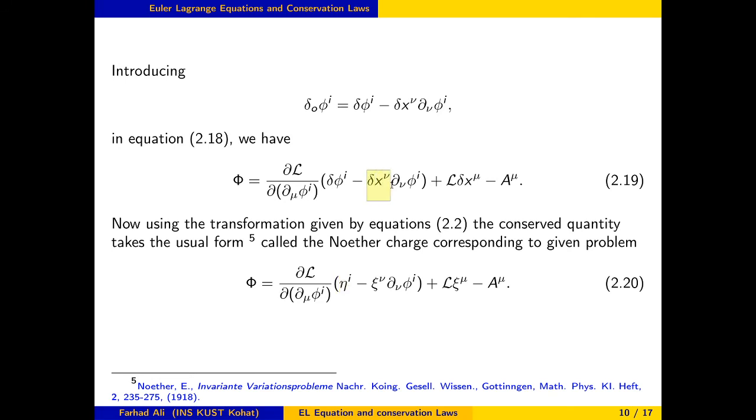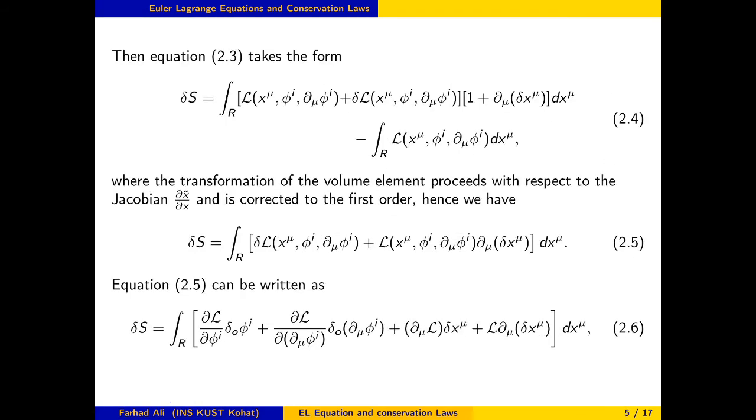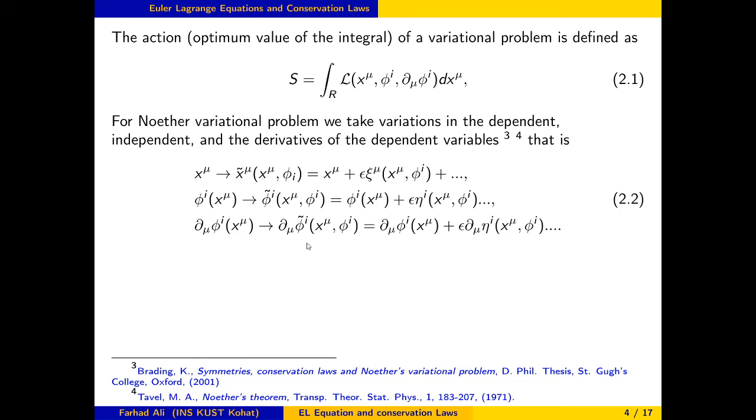This is xi. Xi is the gauge function. Let's see it again. Variation in x is xi.